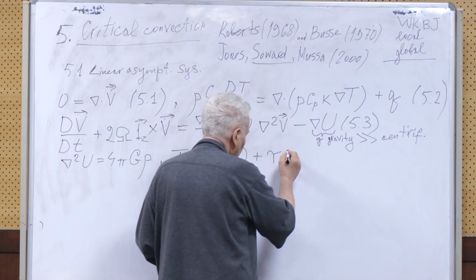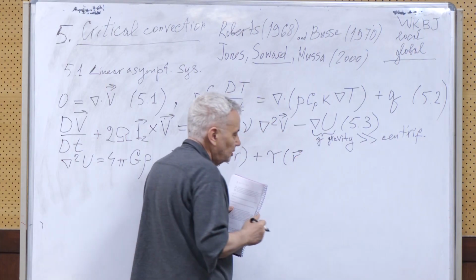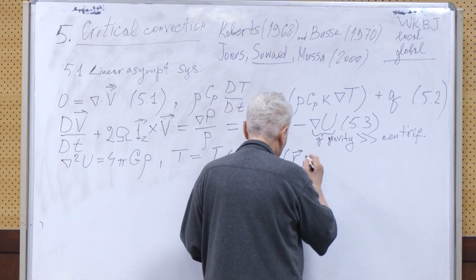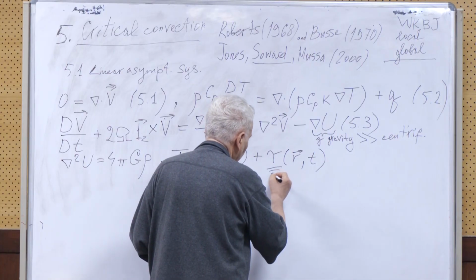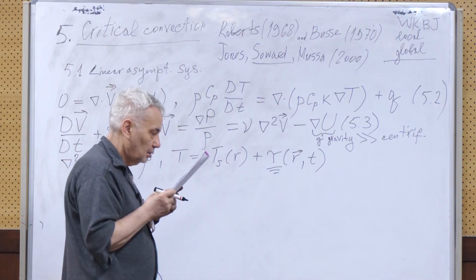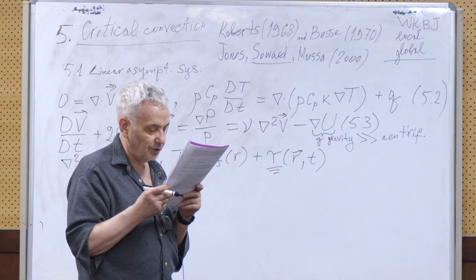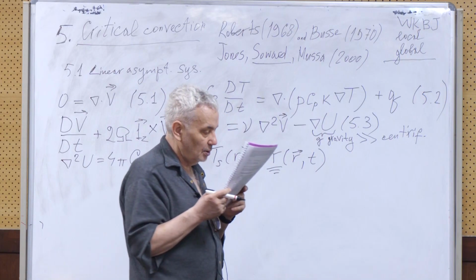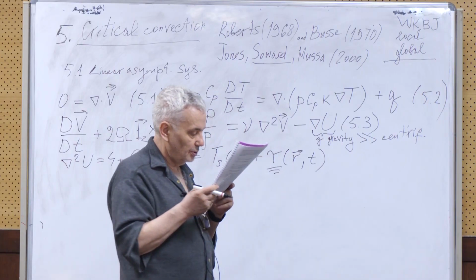It actually depends on all coordinates, let's put all coordinates as the r vector, and of course it depends on time. So it's actually the value we are looking for and examining. And here tau s is the steady temperature profile, and tau depends on all coordinates and time; it does not depend only on the radial coordinate.